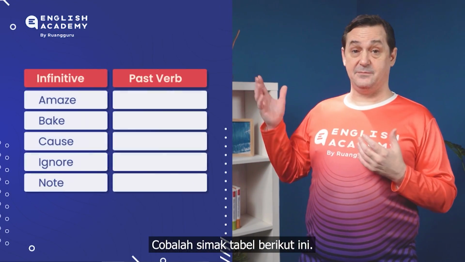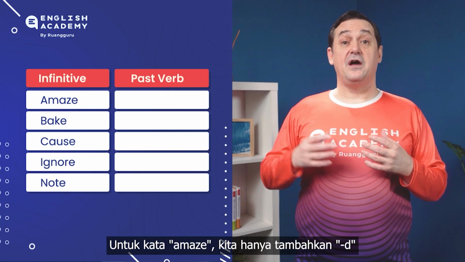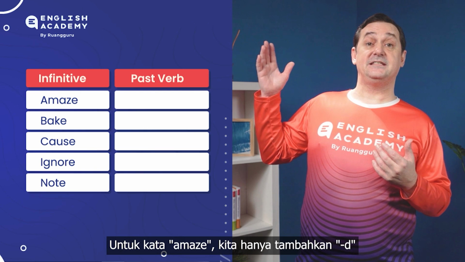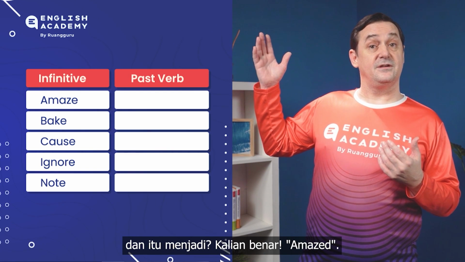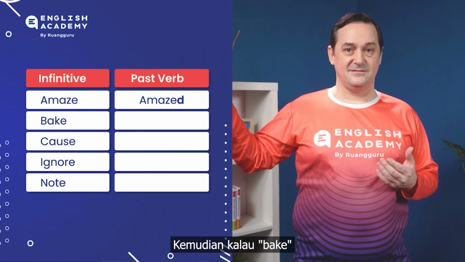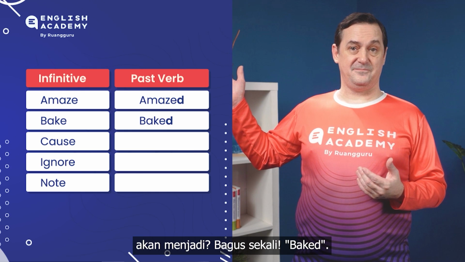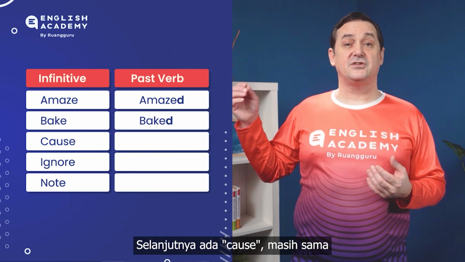Take a look at this table. So with amaze, we just added D and it becomes, you're right, amazed. And then with bake, it becomes very good, baked. After that is cause.